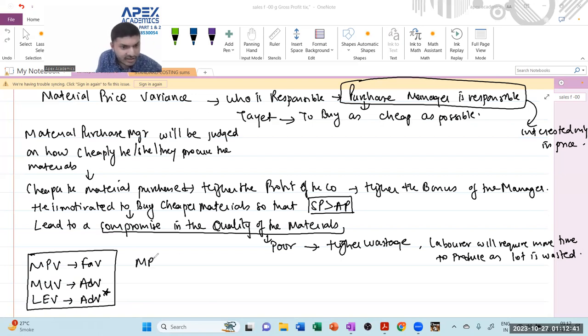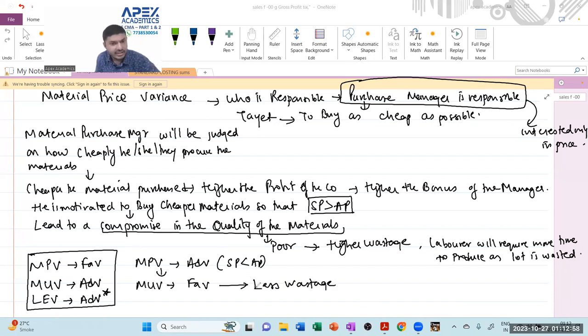If material price variance is adverse, it shows you that standard price is less than actual price. You have purchased the costly materials, they are of a good quality. So material usage variance will be favorable because there will be less wastage, and where there is less wastage, the laborer will need lesser time.